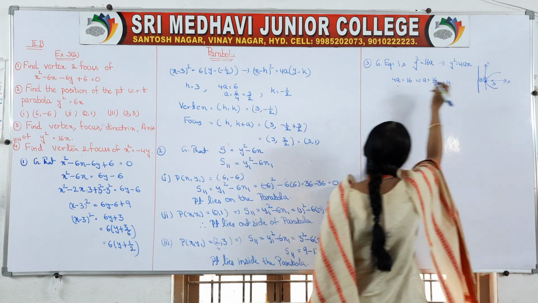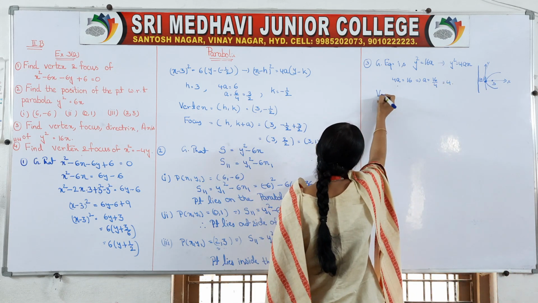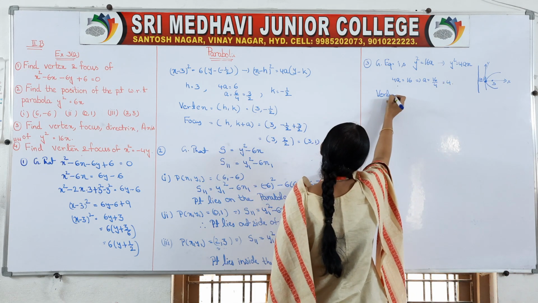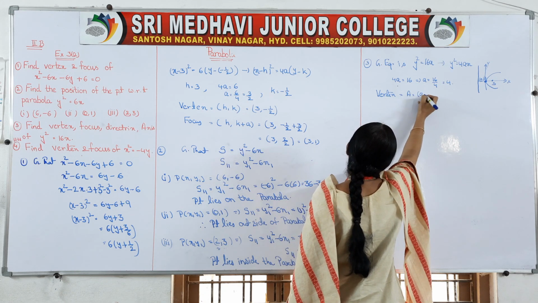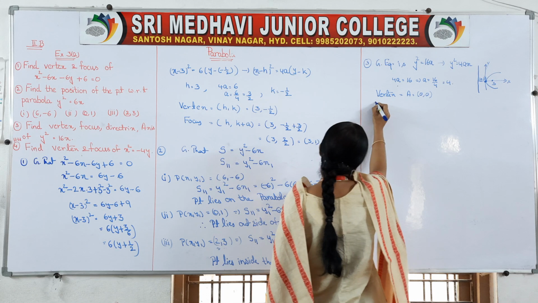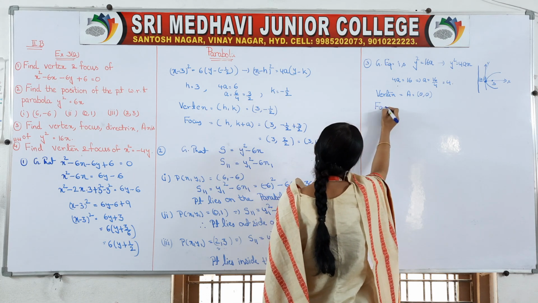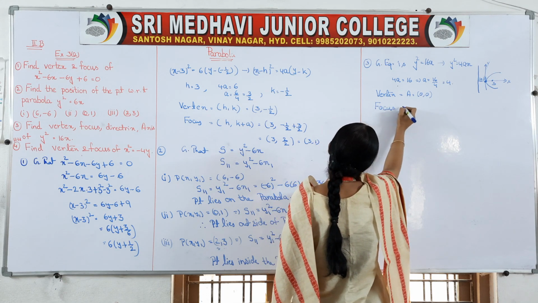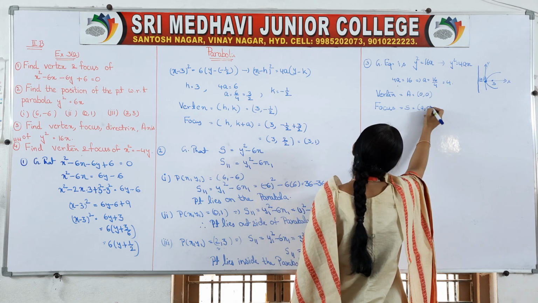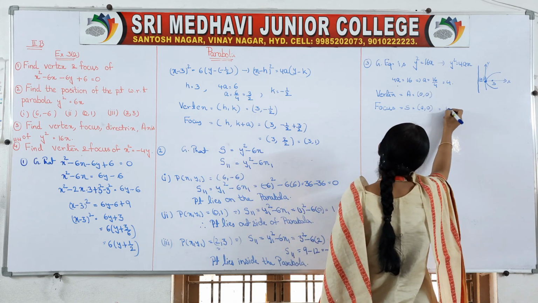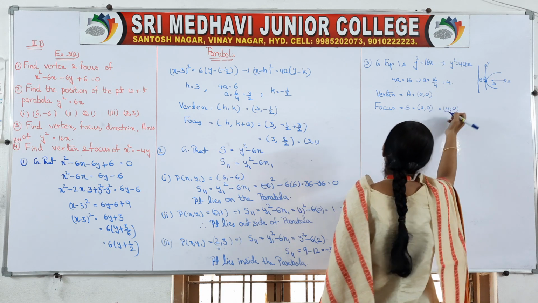Origin is vertex. So first we will write vertex. It is denoted by (0, 0). Next we have to find the focus, right? So focus S is equal to (a, 0). We got a is equal to 4, so (4, 0).